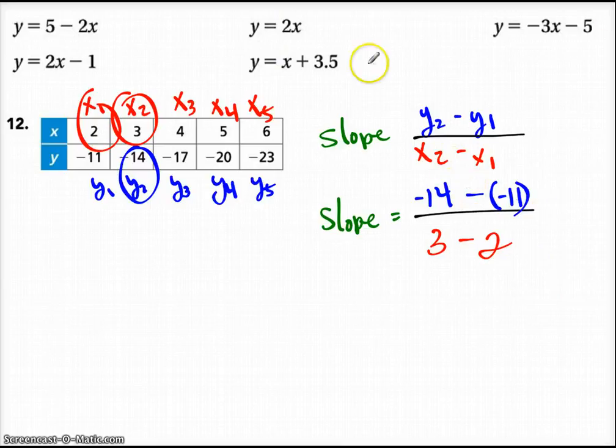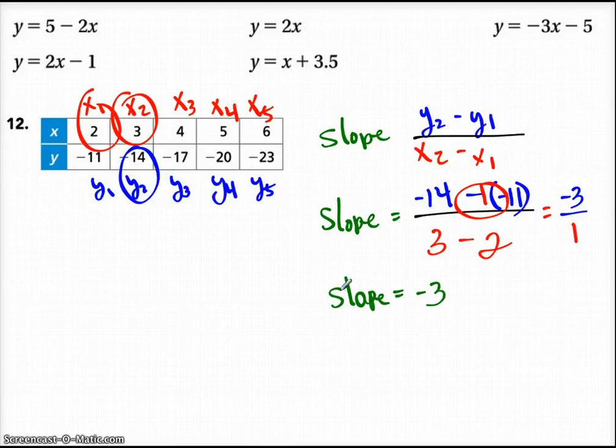Well, negative 14 minus negative 11, the opposite of minus, this becomes a plus. Negative 14 and positive 11 gives us negative 3. Negative 3 over 3 minus 2, which is 1. So our slope is negative 3. So I'm going to put slope equals negative 3.